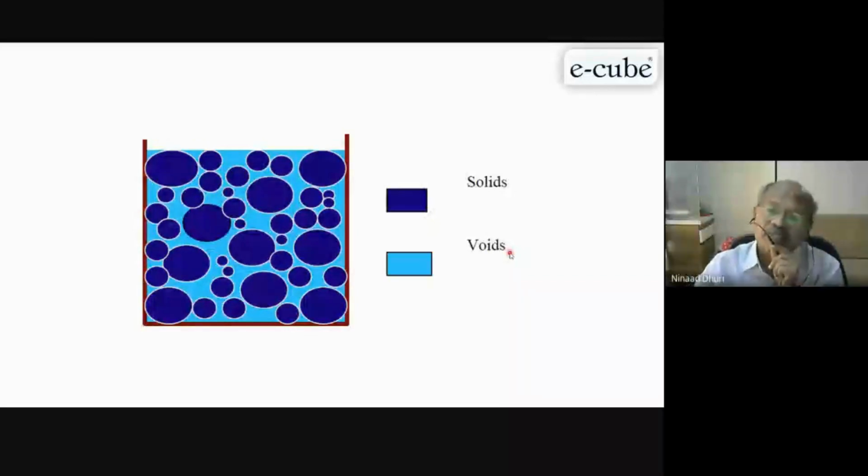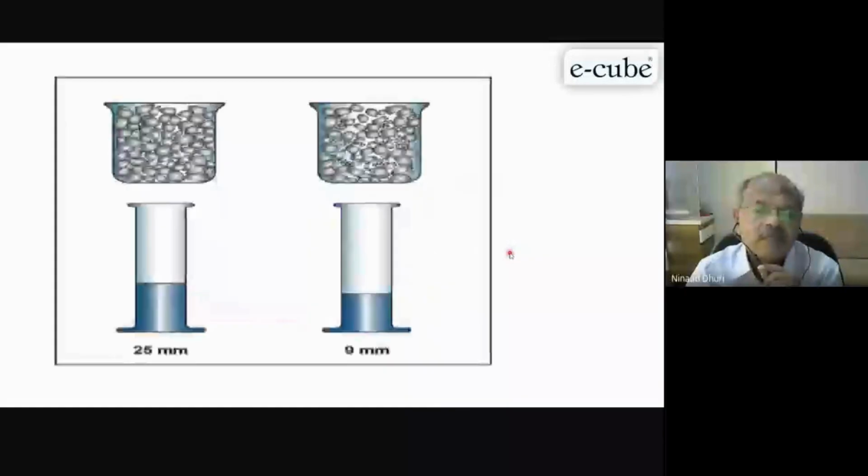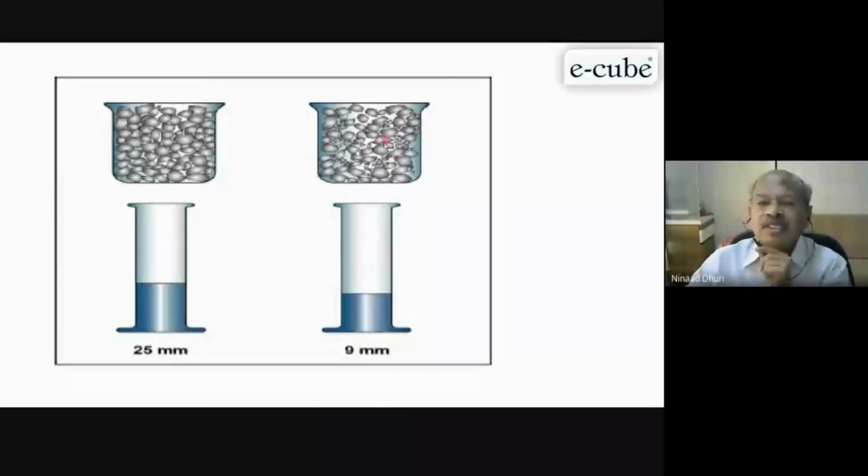So it is very important to understand how you proportion your 20 mm, 10 mm and fine aggregate for proper concrete. Like this, you see, these are the voids. Once you add fine material, the voids are reduced, requiring less paste content, less water content, and giving more strength. And there is also mechanical packing, so you get very good strength.